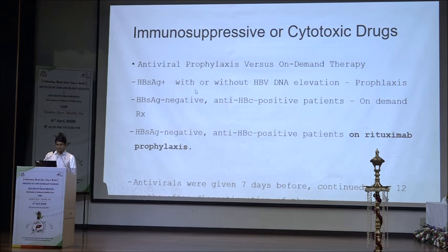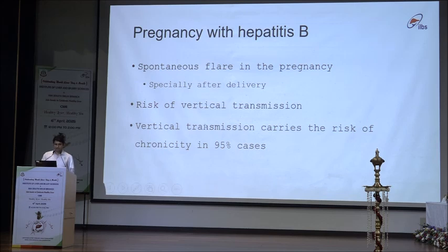So in such patients, antivirals should be started upfront in patients who are undergoing bone marrow transplantation or who are going to receive steroids with the presence of HBs antigen positive. In case of HBs antigen negative and anti-HBc total positive patients who are particularly going for biologics, antivirals should also be started upfront.